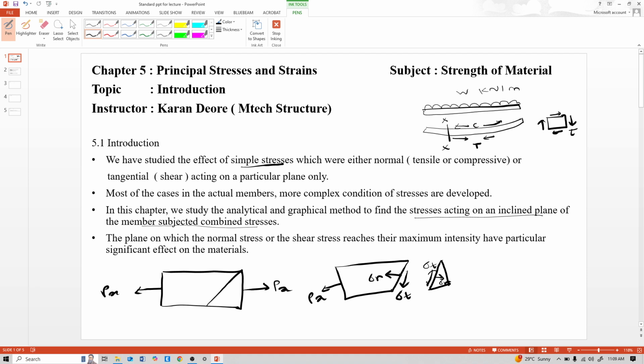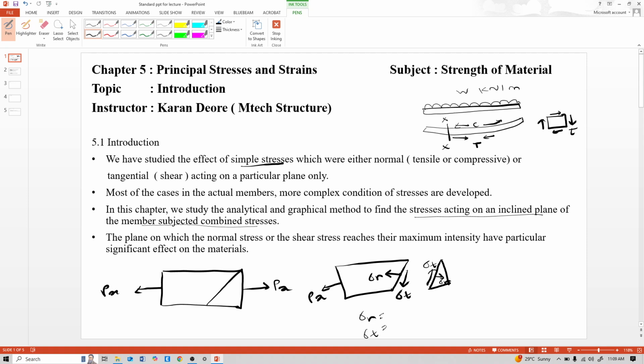So these are stresses acting on an inclined plane, where sigma n is the normal stress and sigma t is the tangential stress. We will calculate them in our next derivation.